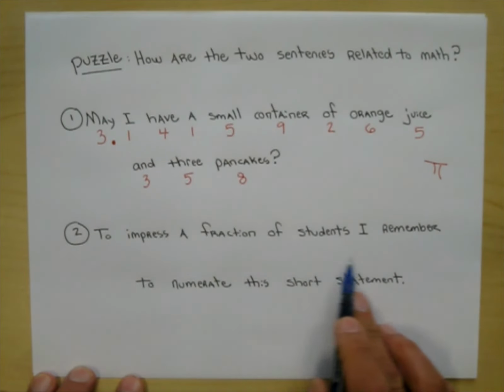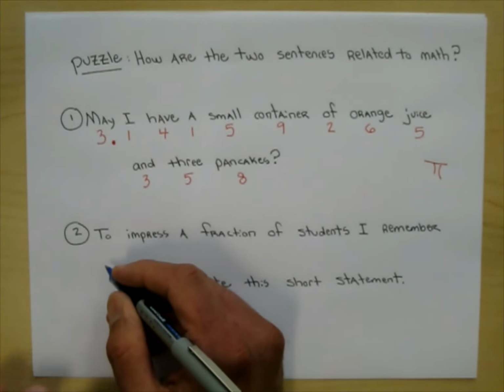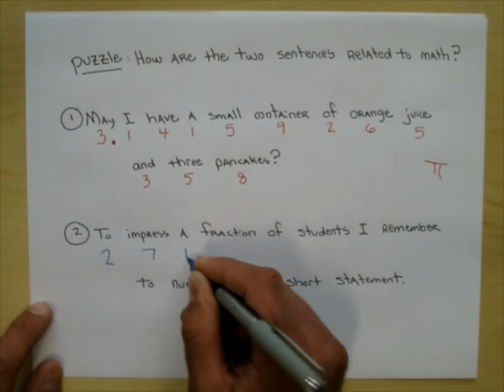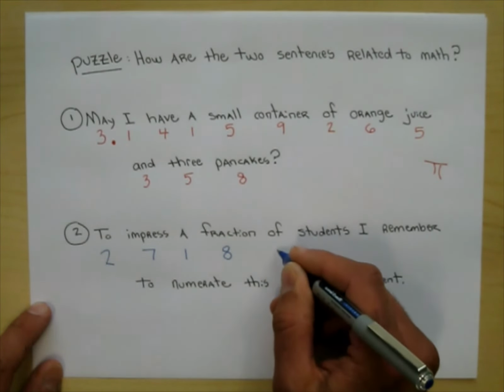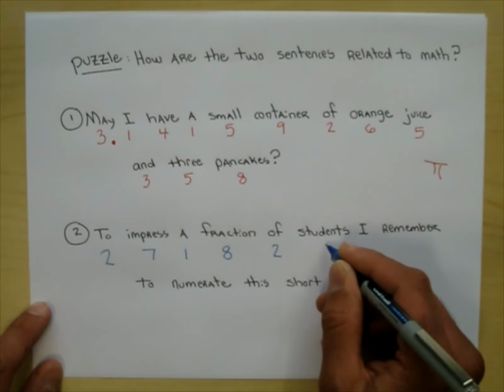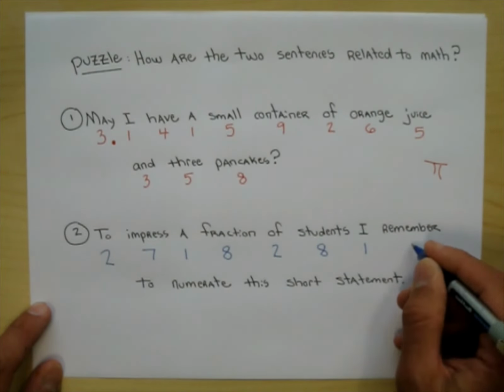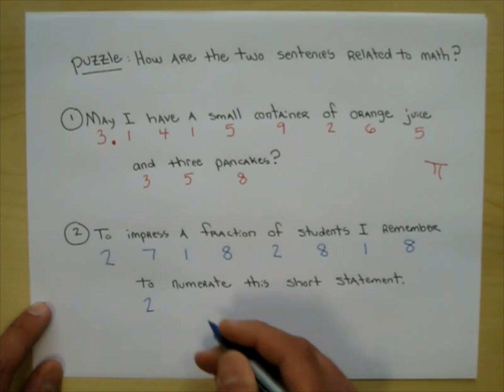This one right here is one that you might not recognize, but that's the other very important constant in math. I'll write it down. So this one's 2718. There's 8 letters there. 2, 8, 1, 8, 2, 8.